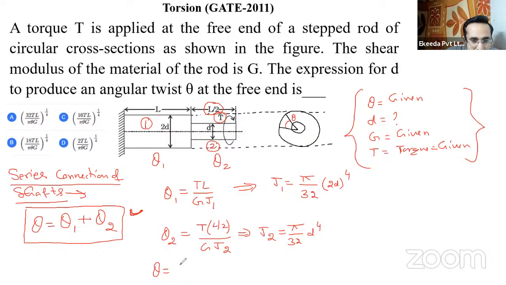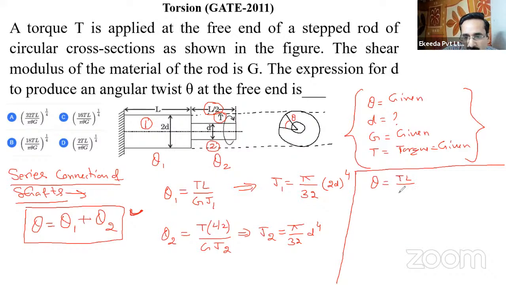So theta will be equal to TL upon G, and J is pi by 32 into (2d) to the power 4, plus T, length is L by 2 of the second shaft, divided by G, which is the same, and then the polar moment of inertia, that is pi by 32 d to the power 4.